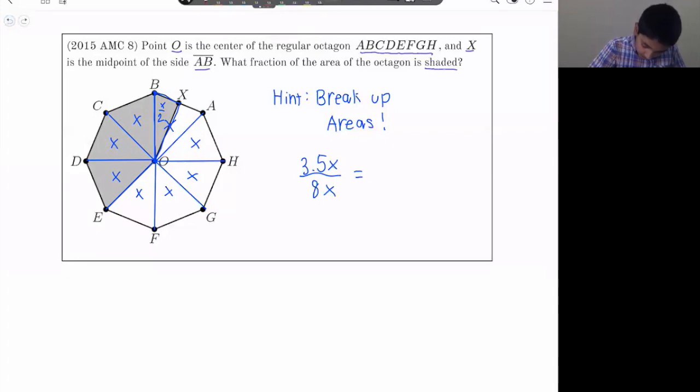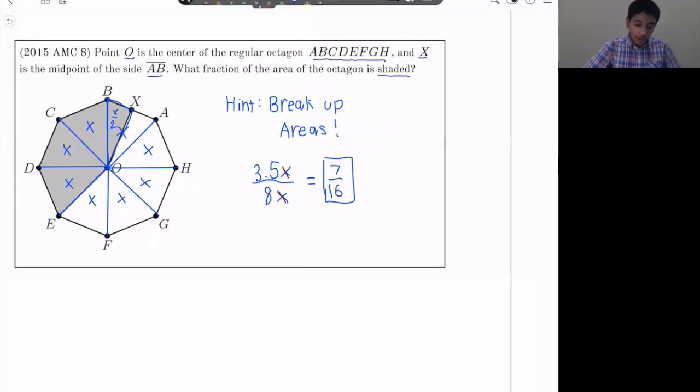The x's cancel, and you'll be left with 3.5 divided by 8, or 7/16. Any questions on this problem? Okay, it doesn't look like there are any questions yet, so we'll move on.